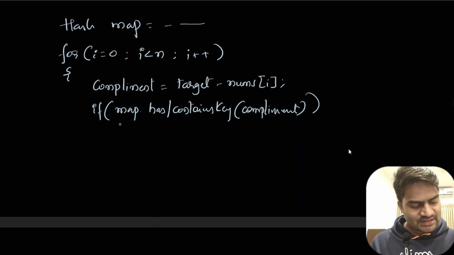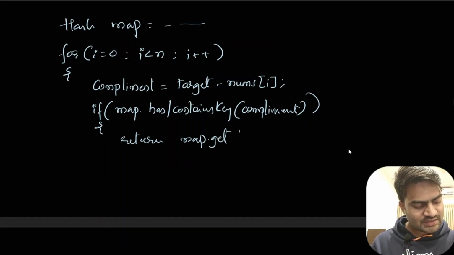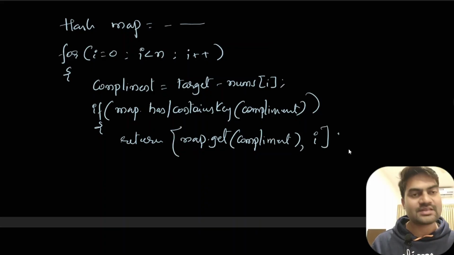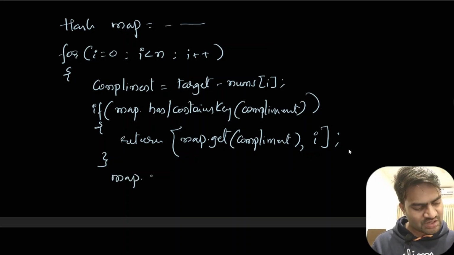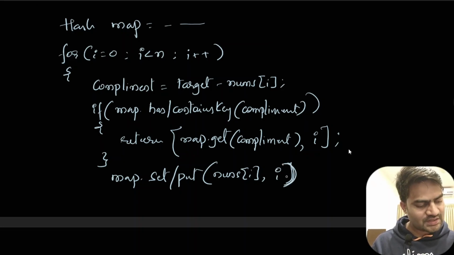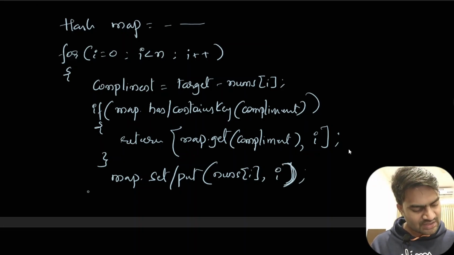If it is there, we will return map dot get complement, comma our index i. If that is not the case, we will simply add that value: map dot set in JavaScript, put in Java. Then nums of i comma i. So this is how we prepare the map.